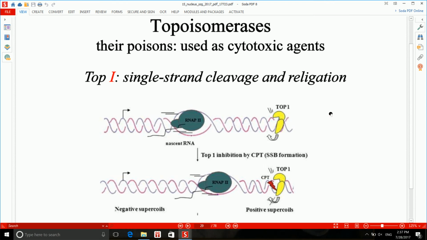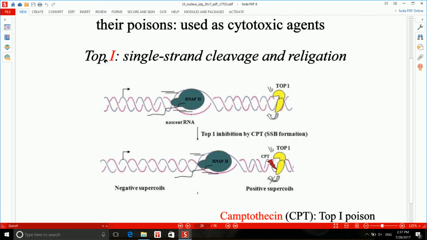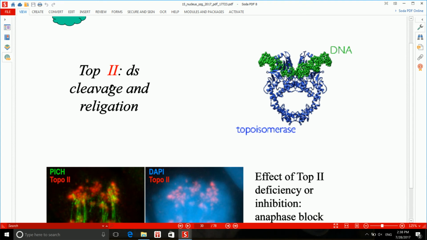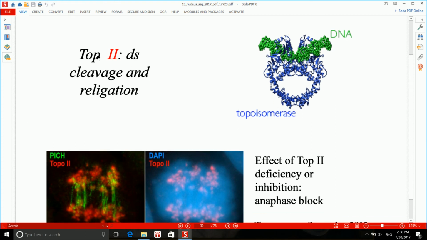But the important part that you need to know for the exam is that topoisomerase 1 cleaves and religates single strands of DNA, so it breaks and rejoins single strand DNAs. Whereas topoisomerase 2 cleaves and religates, or breaks and rejoins, double strands of DNA.